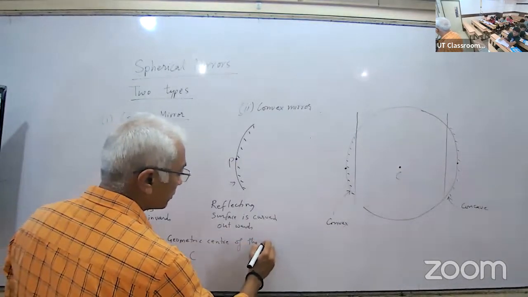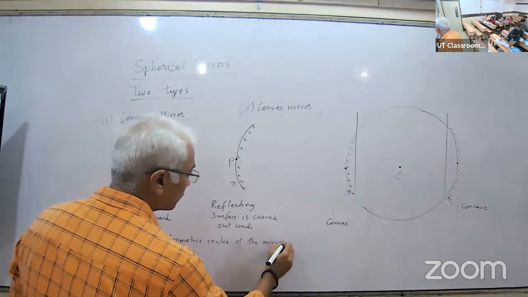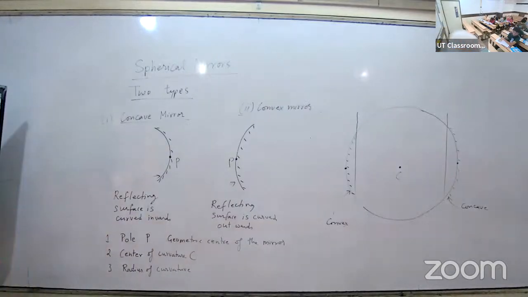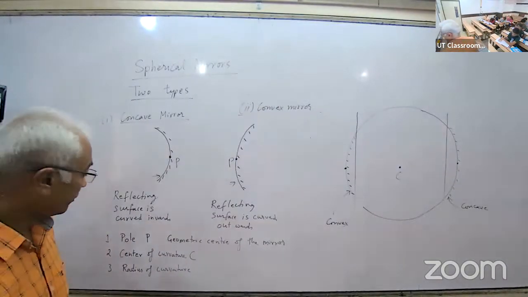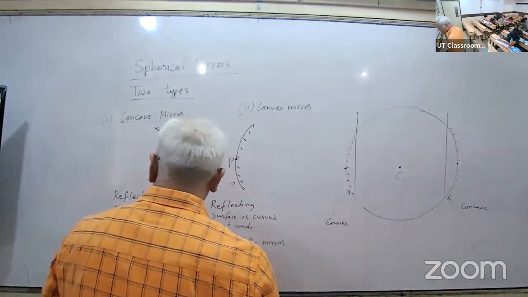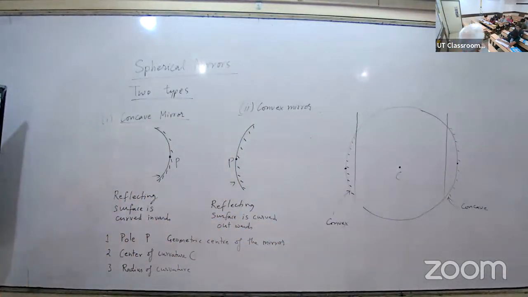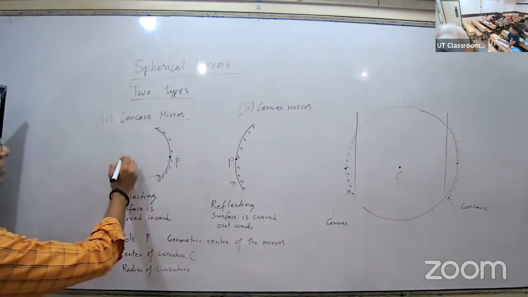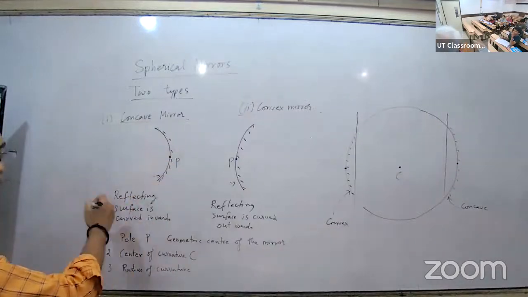And C is the center of curvature. It is the center of the sphere from which the mirror is cut.